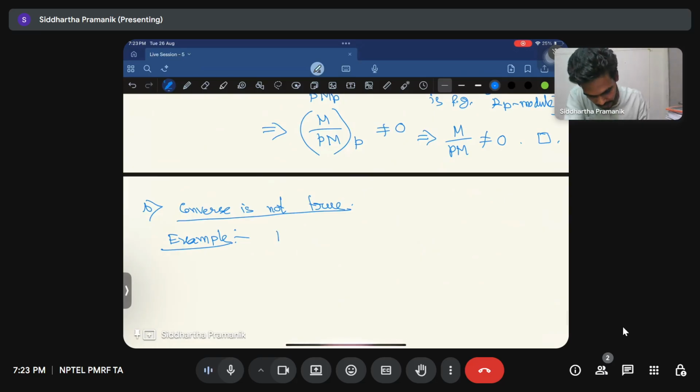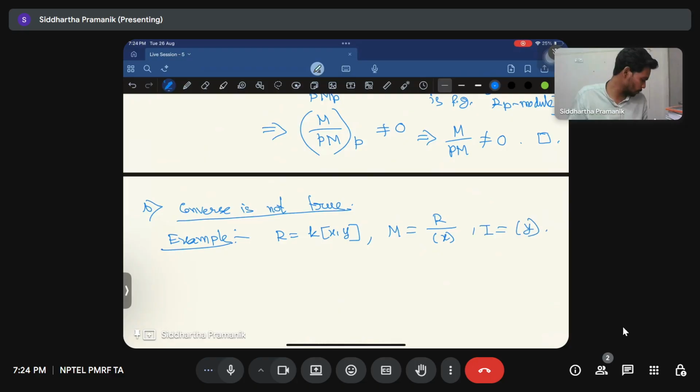Let R equal the polynomial ring in two variables over a field K. Let M be the module R quotient the ideal generated by X, and let I be the ideal generated by Y. Then I is a prime ideal, that we all know. Okay, not I, let's take this as P, because it's a prime ideal.